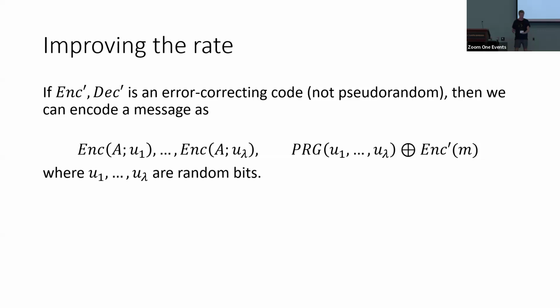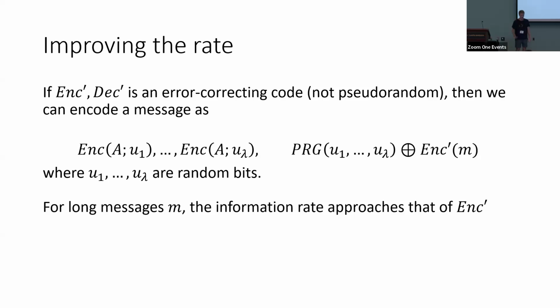You just need any classical error-correcting algorithm that doesn't need any cryptographic properties, and then you can take a single-bit PRC and wrap them together, and very easily you get a linear rate PRC. And for long messages, the information rate of this scheme approaches that of the underlying classical error-correcting code.